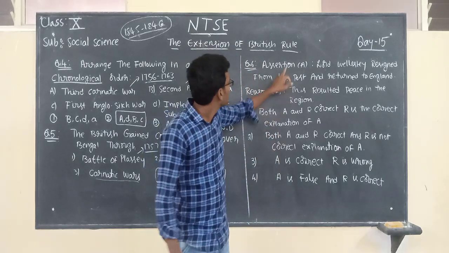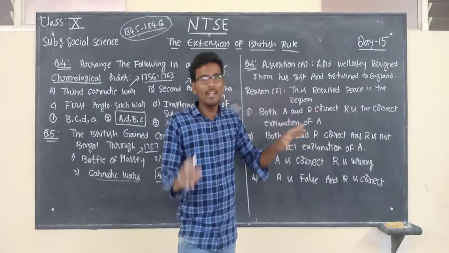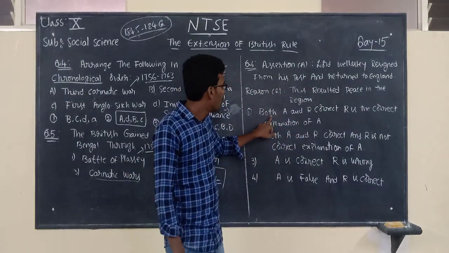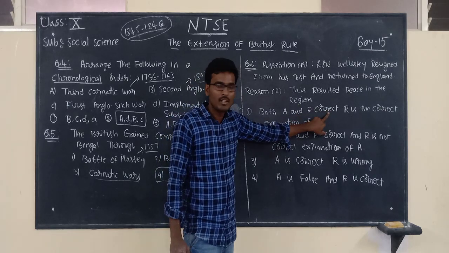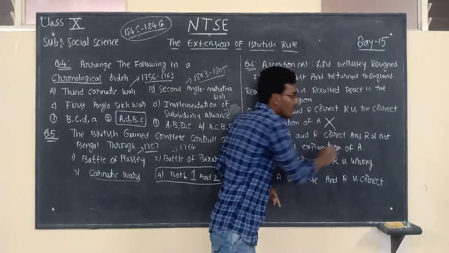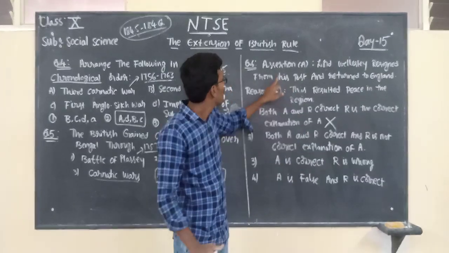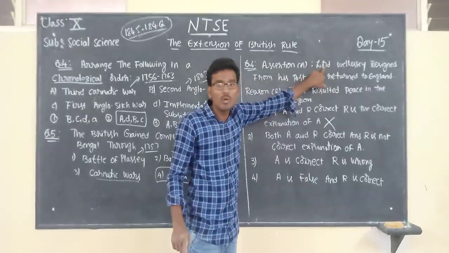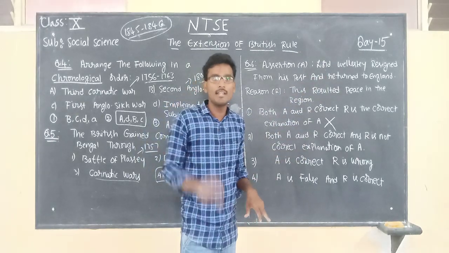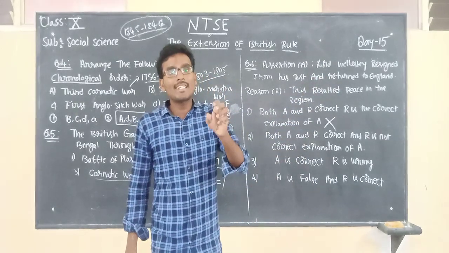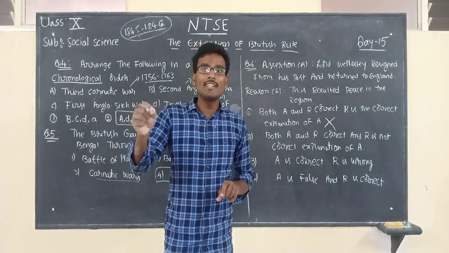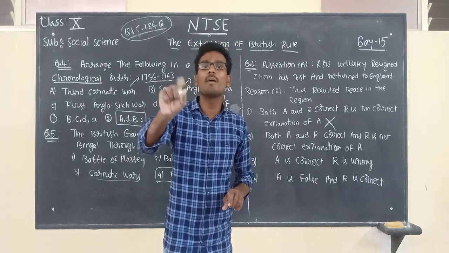Children, here both assertion and reasoning are right. Now look at the options. Both A and R are correct, and R is a correct explanation of A. This is wrong. Why? What is the correct explanation? Why did Wellesley resign from his post? Because the subsidiary alliance of Wellesley increased the financial burden on the East India Company.